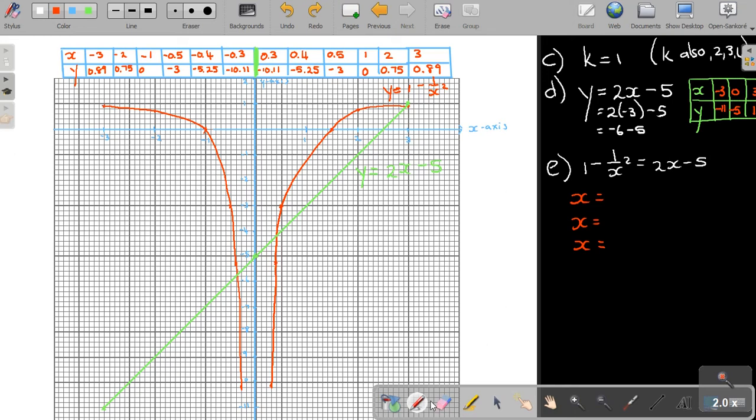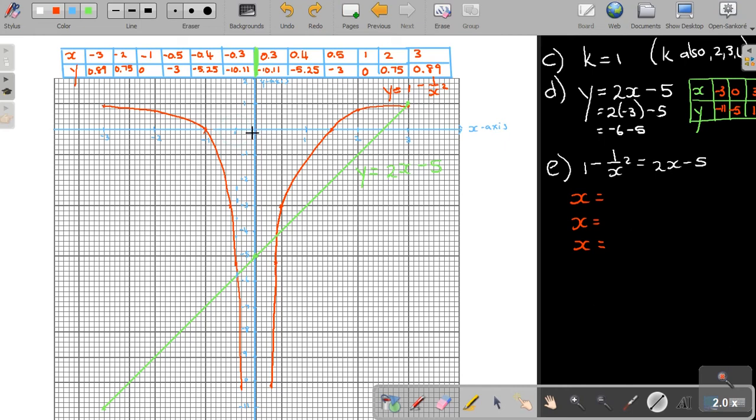What color can I use now? I'm going to use blue. So where it cuts there, I just go up and I read down there.